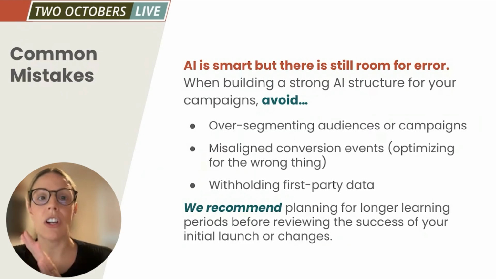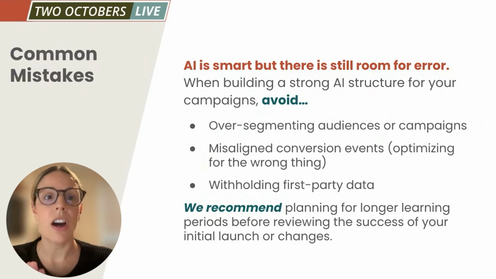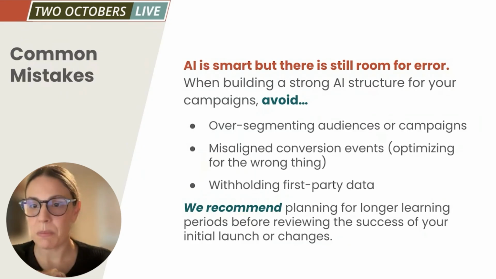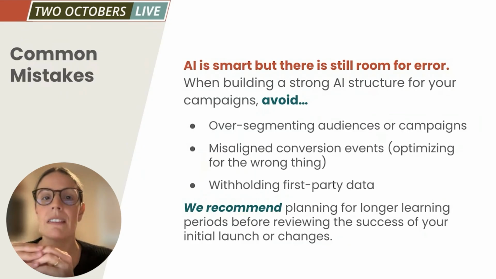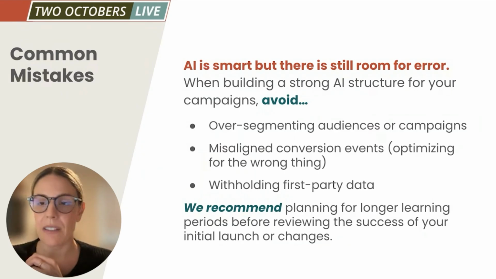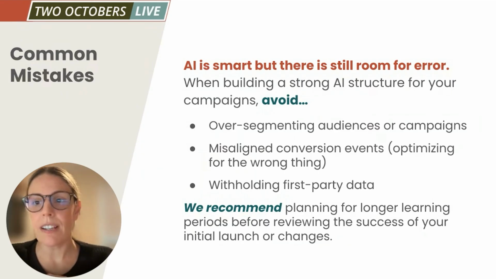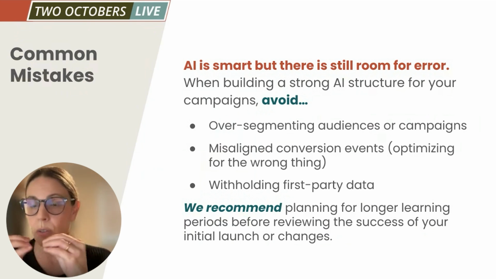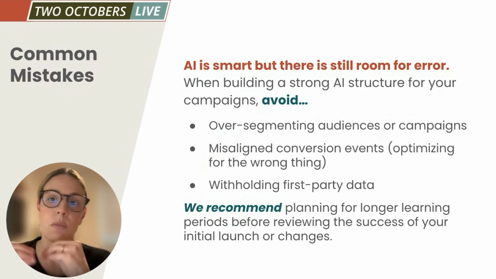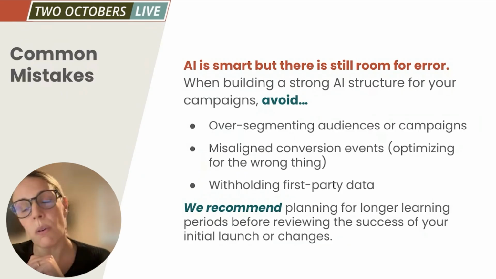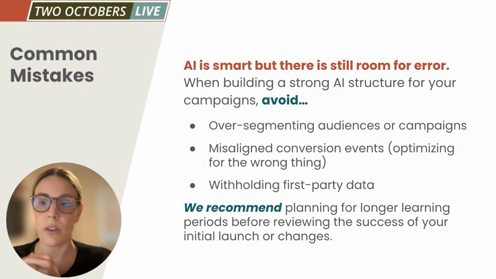We want to make sure that our conversion events are aligned with the optimization that we want. So any misaligned conversion events can throw our campaigns off. If we want to see leads, for example, we want to make sure that our goals are being recorded as leads and we're optimizing the campaigns for those types of leads on the website.